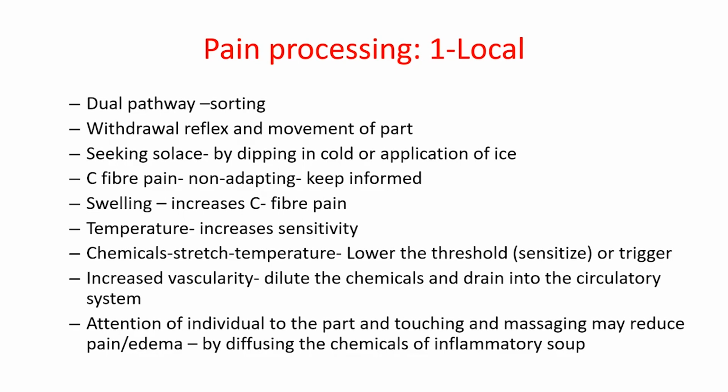Usually the nociceptors are silent, there is no pain physiologically, and once there is some injury or some trigger, there will be pain. That is, first processing happens at the local site. This will result in evoking the withdrawal reflex so as to move the part away from the site of injury.